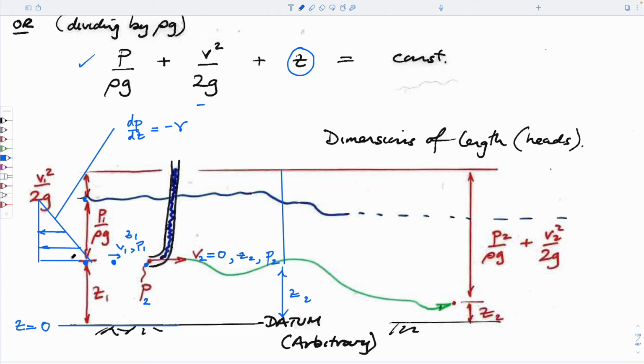Z2 is still equal to Z1 in this particular case. But the velocity, by definition, is equal to 0. And if this is equal to 0, then this velocity term has to be 0.